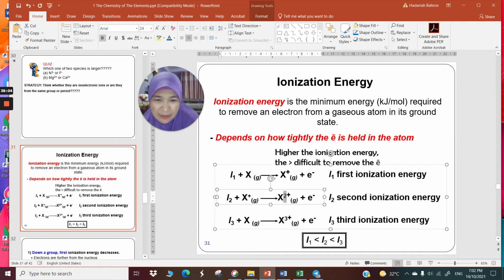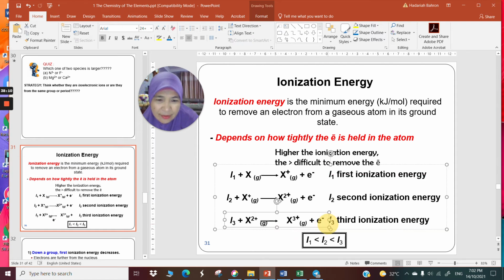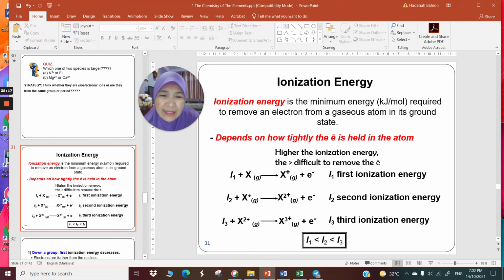When X2 plus loses another electron to make X3 plus, then the energy required to do that is called the third ionization energy. And it is always easier to remove the first electron compared to the second electron, compared to the third electron. Why is that?